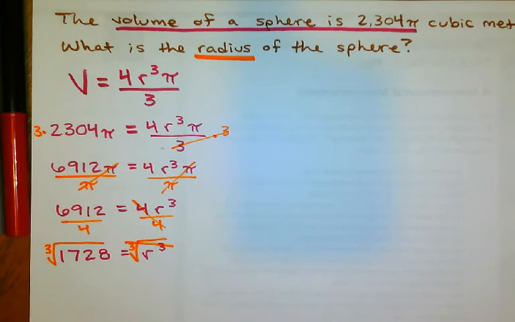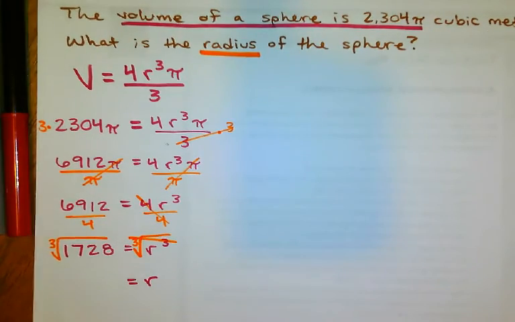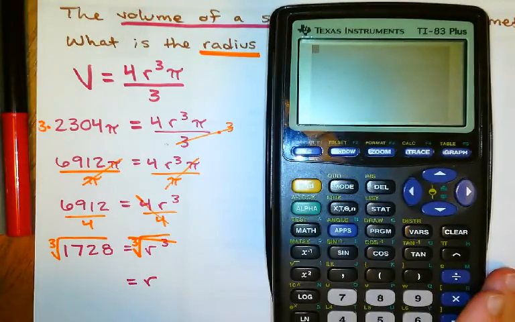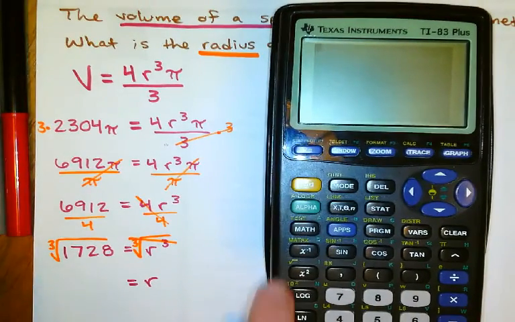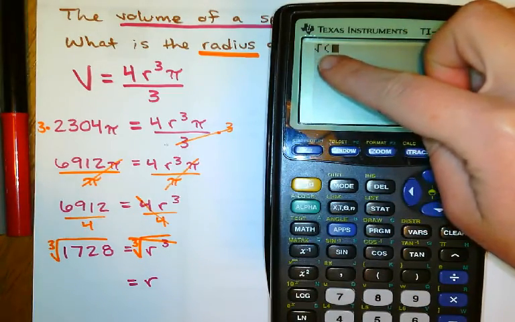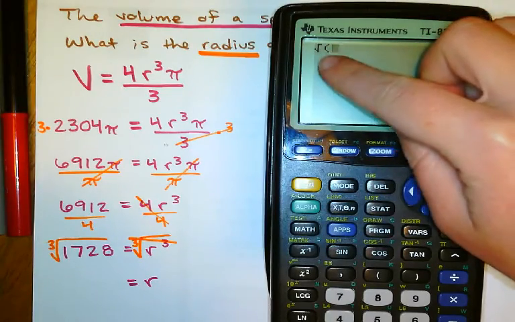So all we have left here is r. Alright? If you have a graphing calculator, the way that you would plug this in is you would not use your square root button, because your square root button won't give you the option of a number, an index in front of your square root. It can only take the square root, it won't take the cubed root.